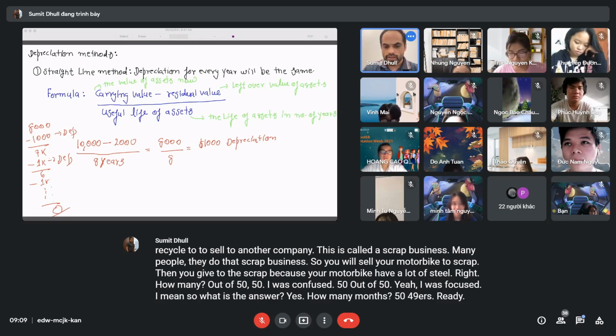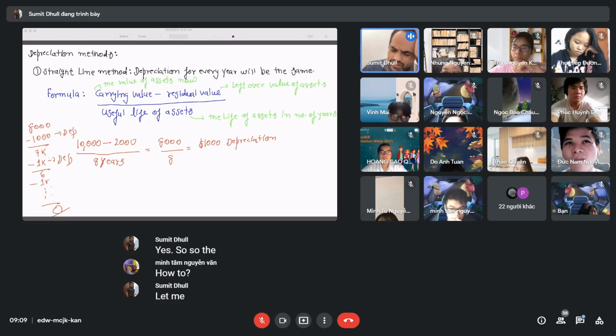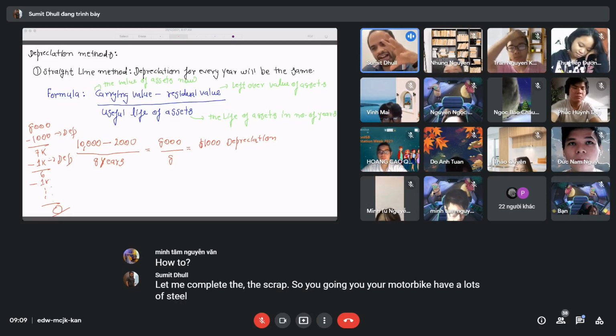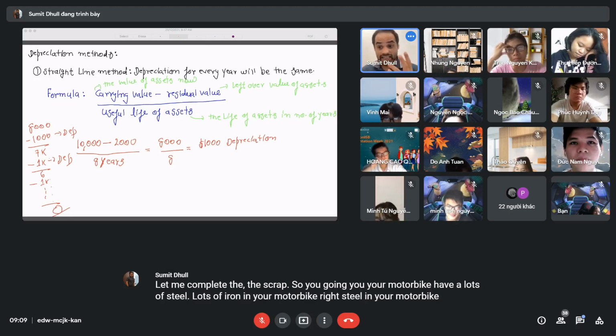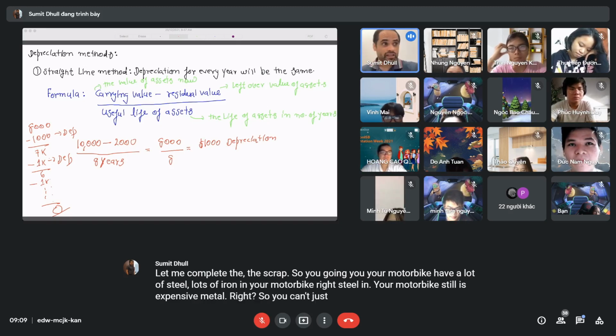So let me complete the scrap. Your motorbike has a lot of steel, a lot of iron, right? Steel is an expensive metal, so you can't just throw it in the garbage. Nobody throws steel in the garbage, right?